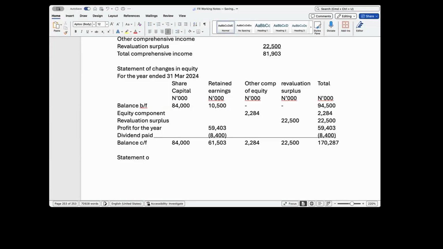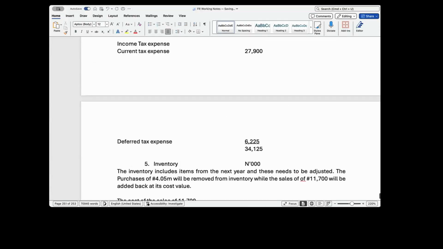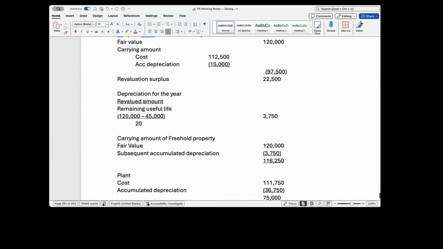Then my statement of financial position as at year ended 31st March 2024. Assets, non-current assets. I have my freehold property. How much was my freehold property from my workings?